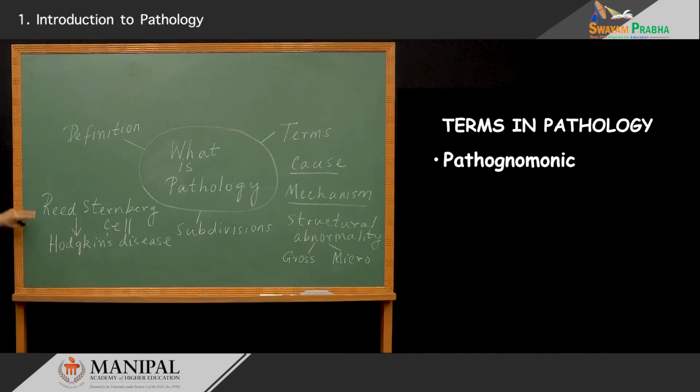That means what? If under the microscope you are able to see this Reed Sternberg cell, you are absolutely sure that the disease is Hodgkin's disease.